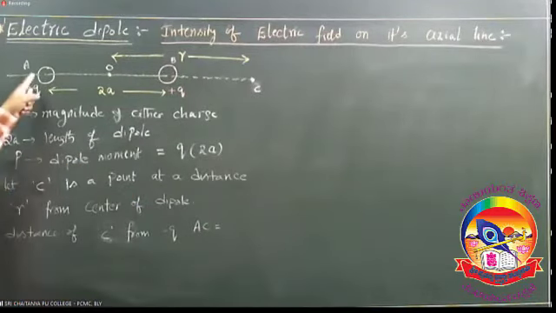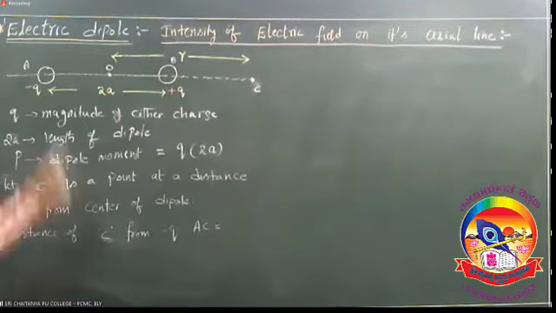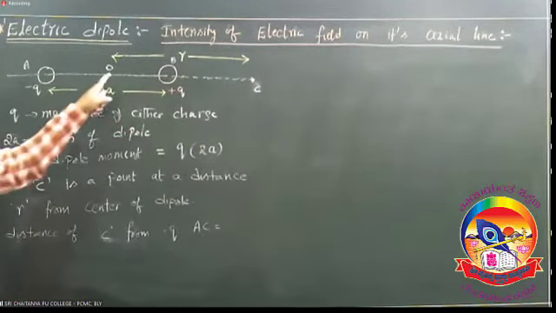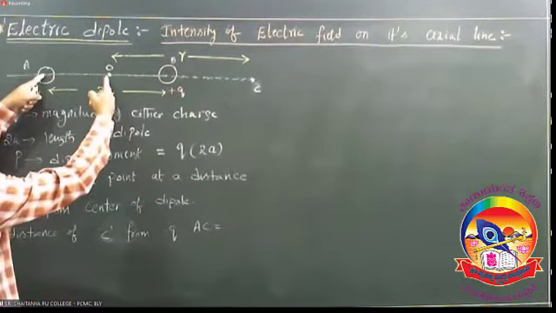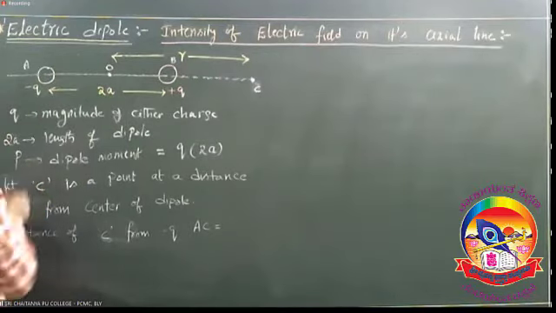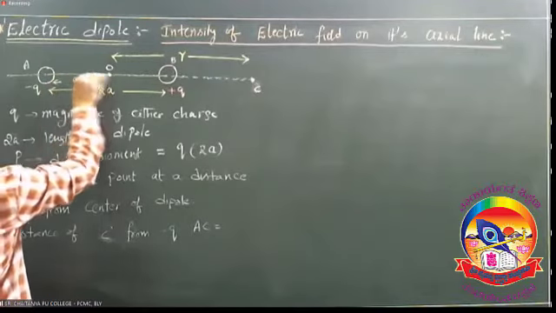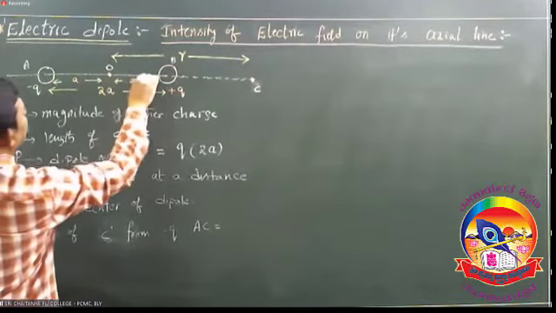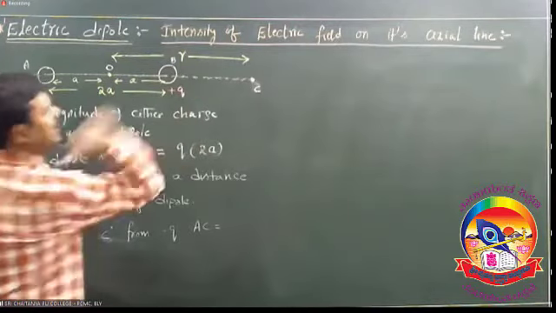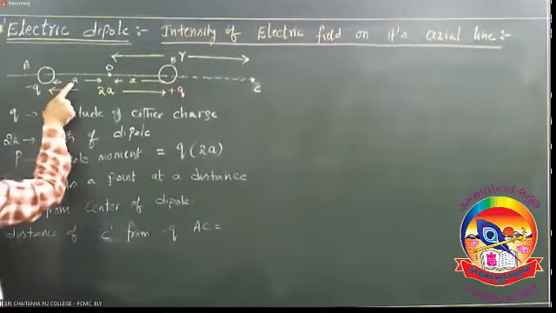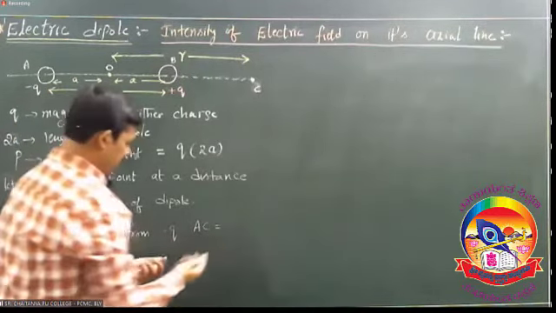See, from this minus Q charge, at what distance is C? From here to here, this is R. From here to here, this is A. If you want to write even, this is A and this is A. Now, from A to C, what is the distance? A plus R. Is it clear? A plus R.